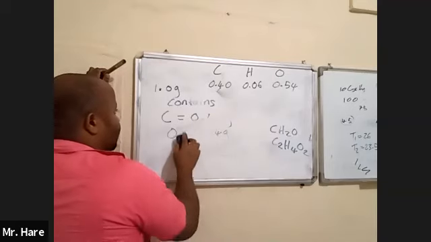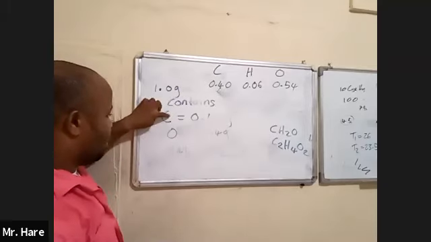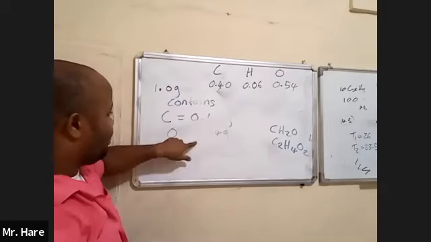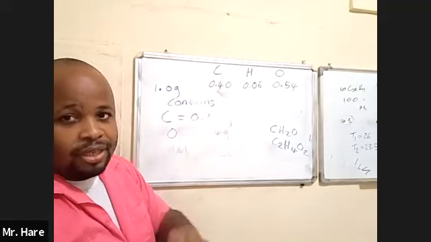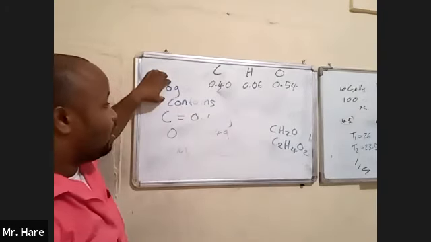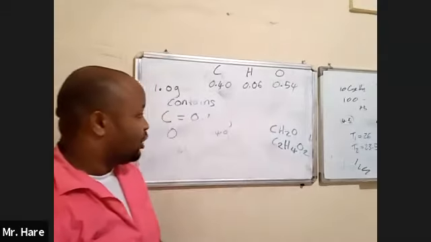Sir, how did you get it? They gave you the mass of carbon and oxygen, so you add them up and subtract from 1 gram. The sample contains carbon, hydrogen, and oxygen, and you have 1 gram of this sample. They told you there is 0.4 gram of carbon and 0.54 gram of oxygen.